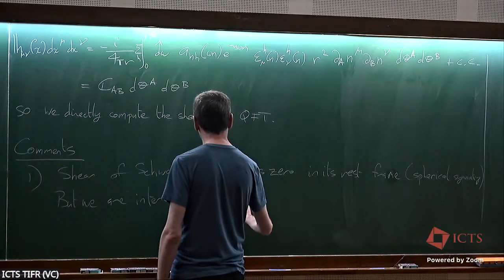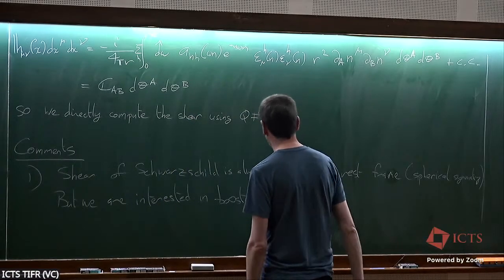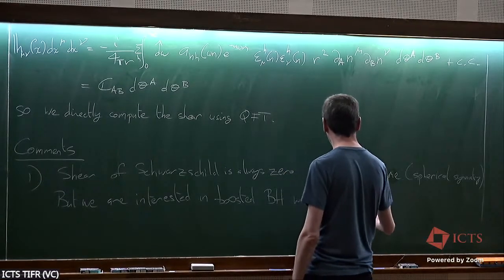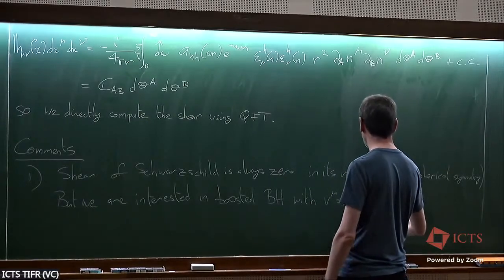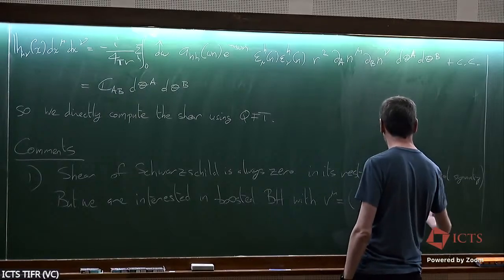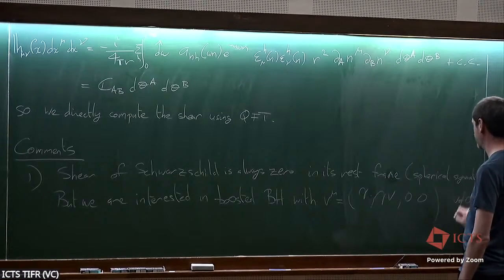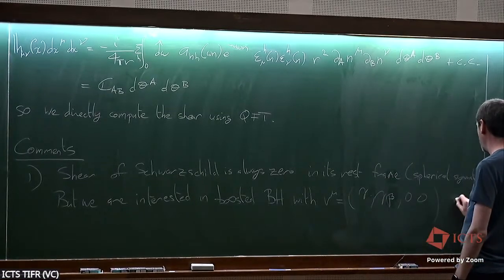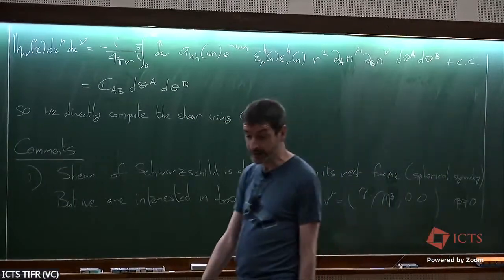So we're interested in a boosted black hole. There'll be some V mu, which is gamma, gamma beta. So then the shear is in general not 0.